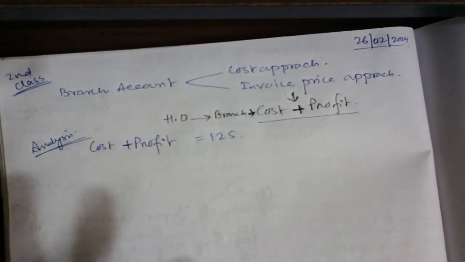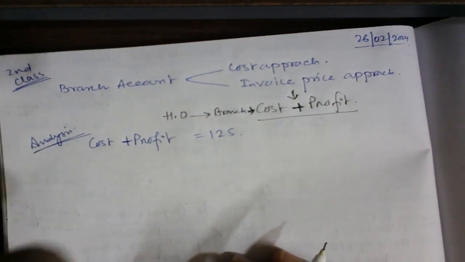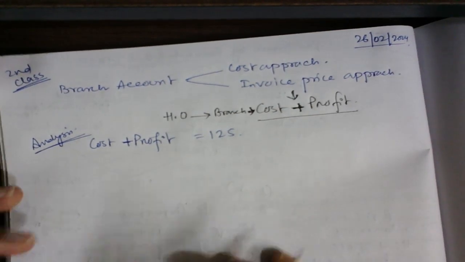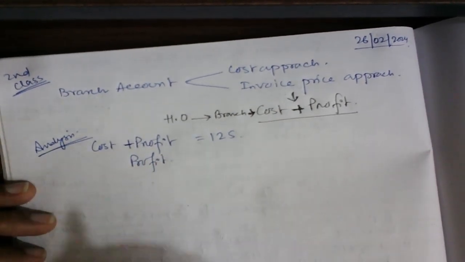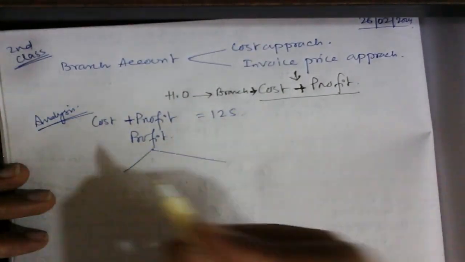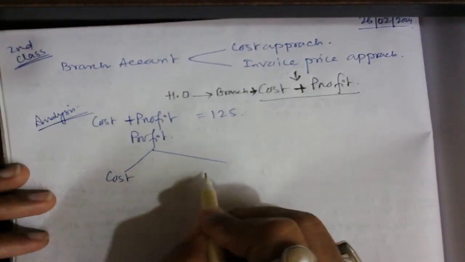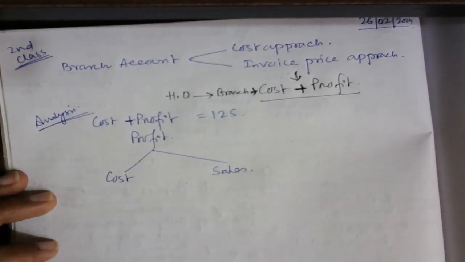Now, not only in the branch chapter, but in future also you will get this particular sentence, or two or three words, which you need to understand very clearly. The understanding of these things is very important. Profit will be based on two parts: either it can be based on cost, or it can be based on sales.